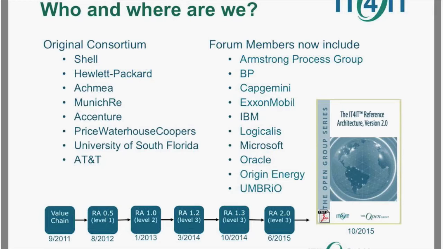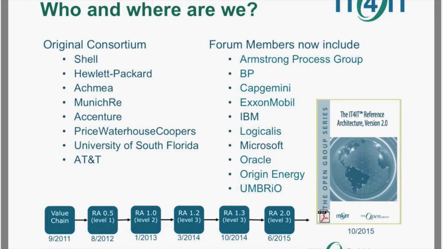home for the standard. Since they joined the Open Group, they've made rapid progress, and you can see the chain here from September 2011 and the launch of the Open Group to 2014 to the point where we released the standard in 2015.